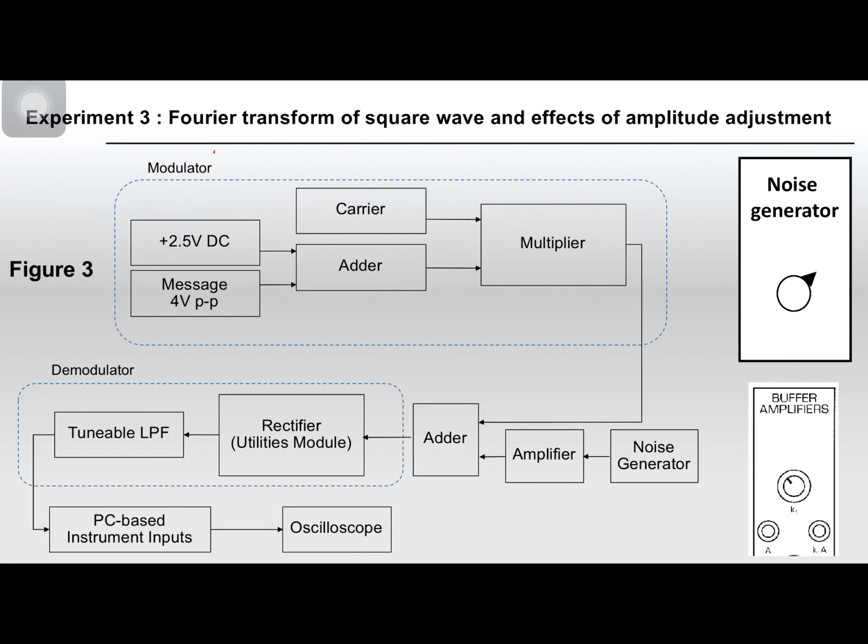And the last, experiment 3, construct the circuit according to the block diagram shown in figure 3. Firstly, you have to construct a double sideband full carrier.